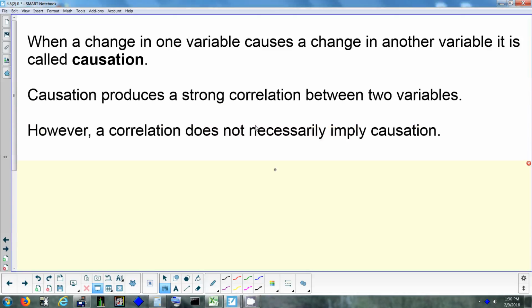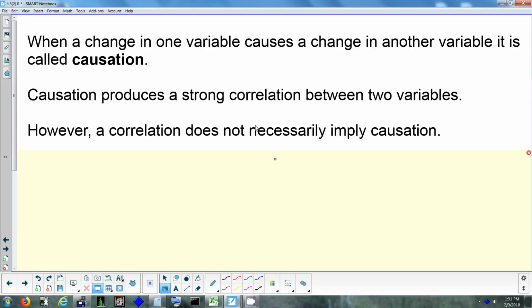Correlation means that there might be a connection between two things. Causation, think of cause and effect. Because of this, that is going to happen. It has to happen, it's guaranteed. So this works one of two ways. If two things have a causation relationship, then they are correlated, but not the other way around. Just because there's a connection or a correlation between two things, it doesn't mean one causes the other.